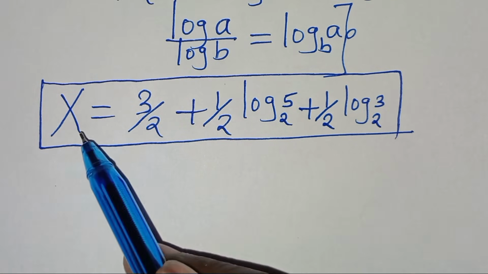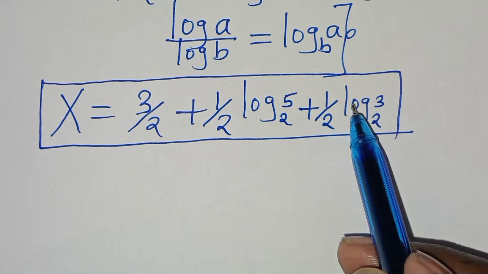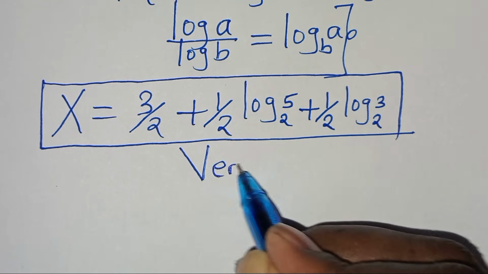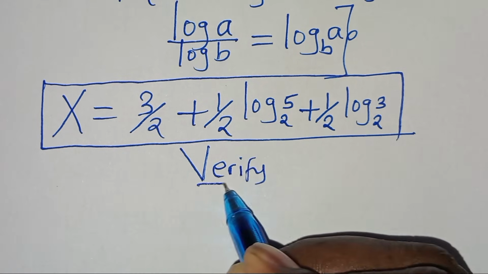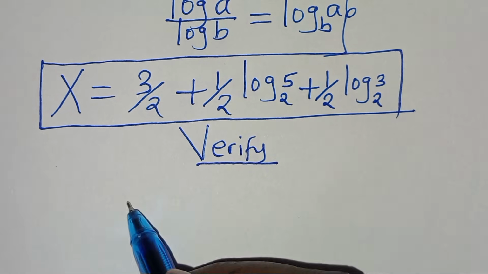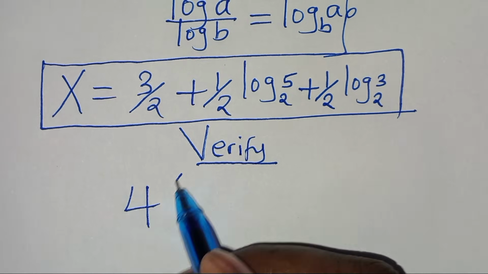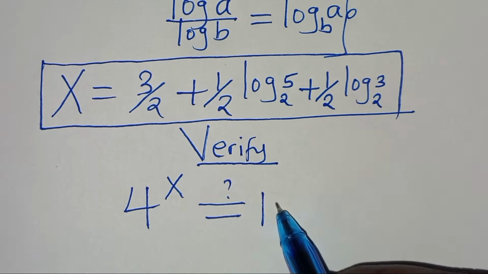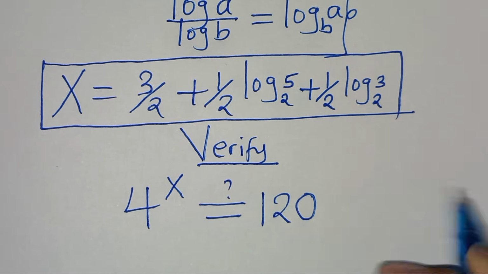The next step is to verify that this value of x satisfies the equation. So if you recall, we have 4 to the power of x, which should give us a value of 120.